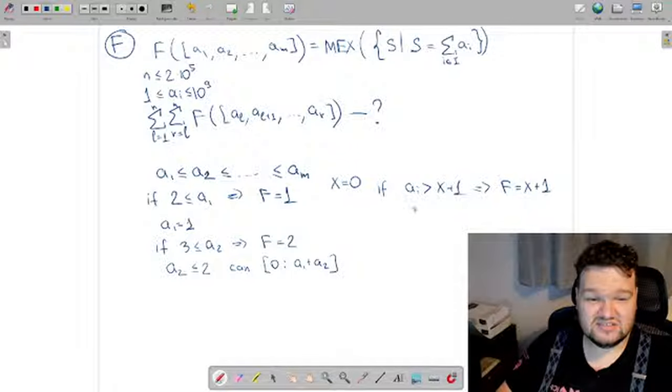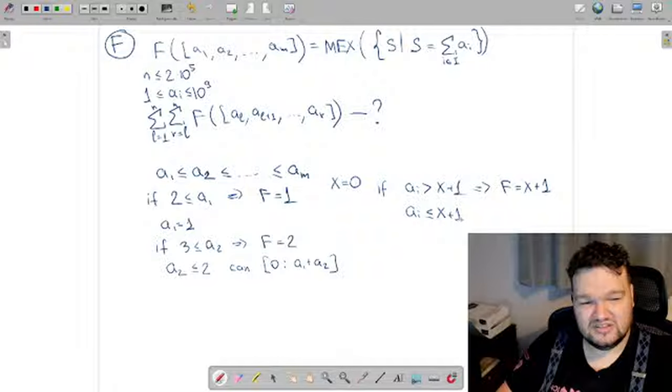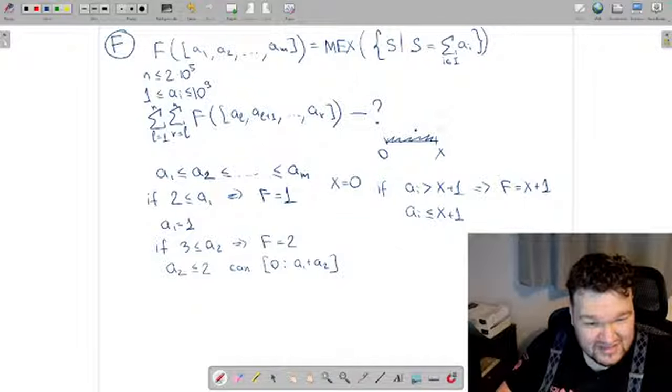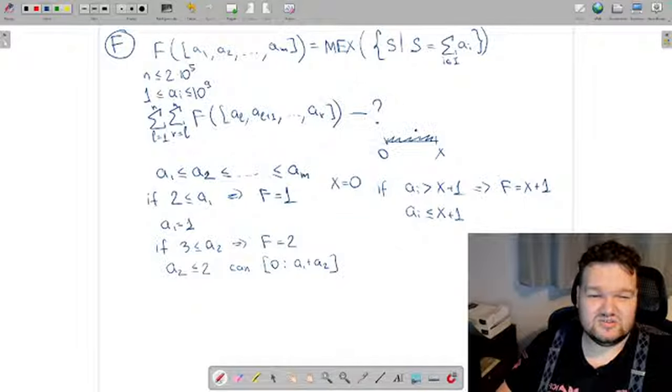Otherwise, if it is at most X plus 1, then we could represent from 0 to X inclusive. And we have our ai somewhere, up to X plus 1. So without ai, we could represent this.